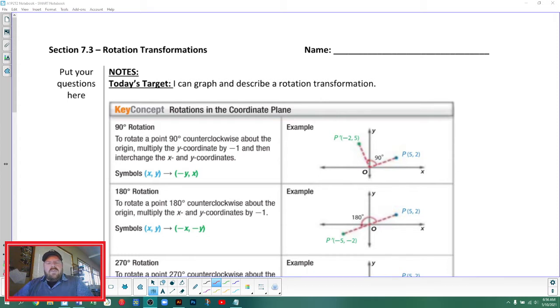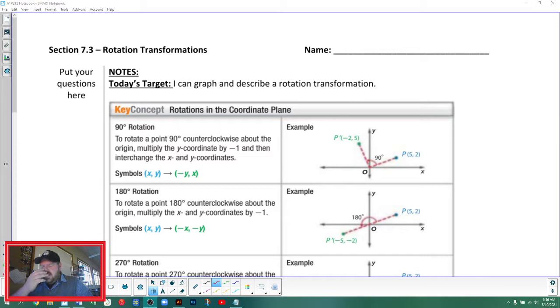We're going to go over pretty heavily the coordinate notation method because I will be honest, I believe rotations are one of the harder transformations to really understand, like where it's moving.